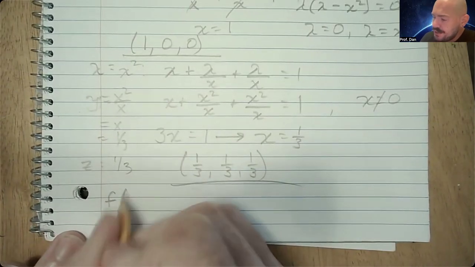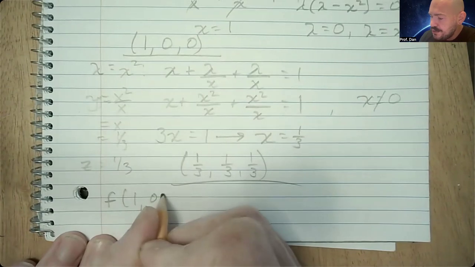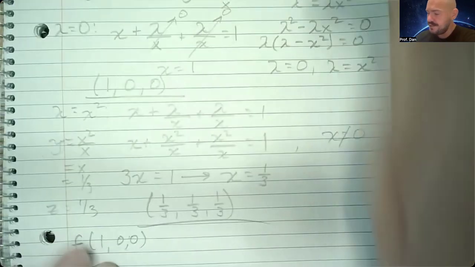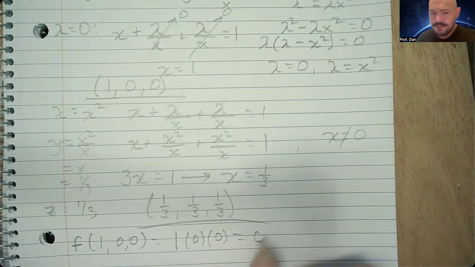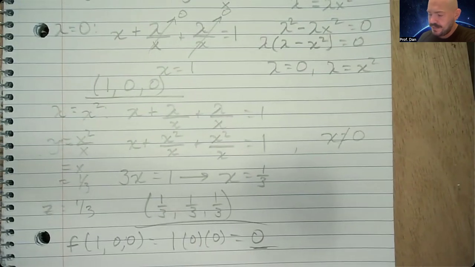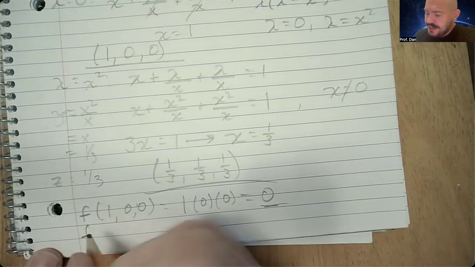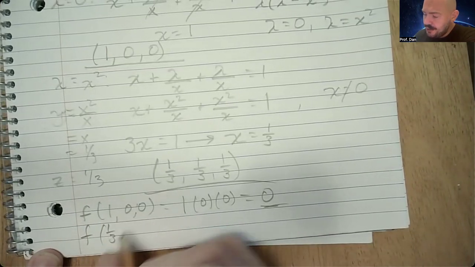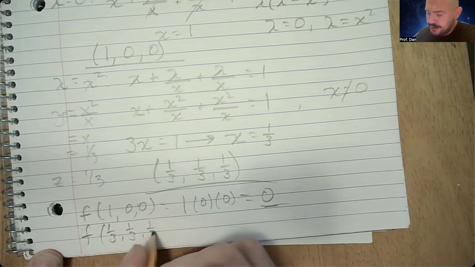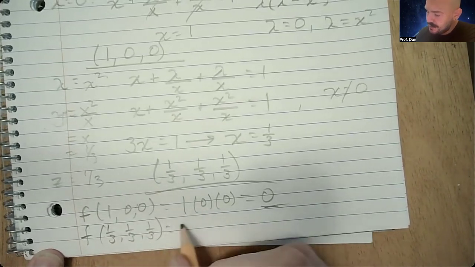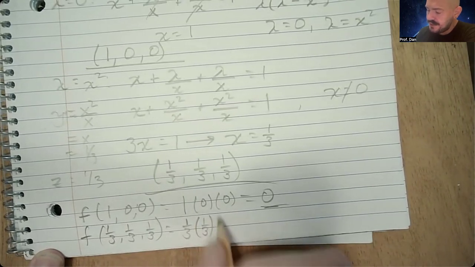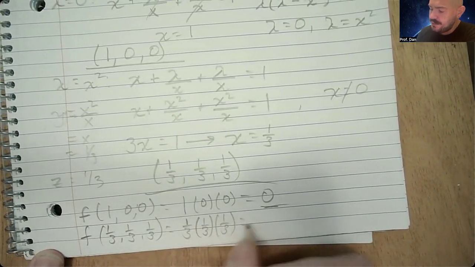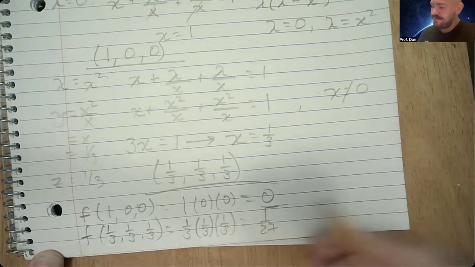So if I start with the top one, f of 1, 0, 0, remember we're plugging into our original x, y, z. So this is going to be 1 times 0 times 0, which is 0. Second one, we have f of 1/3, 1/3, 1/3. So that will be 1/3 times itself, which gives me 1 over 27.